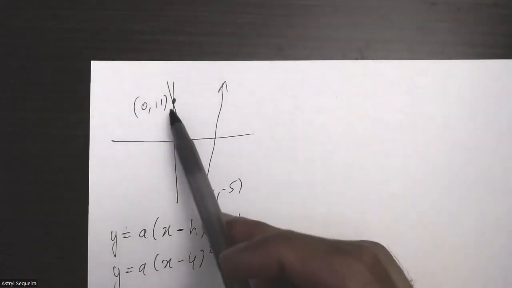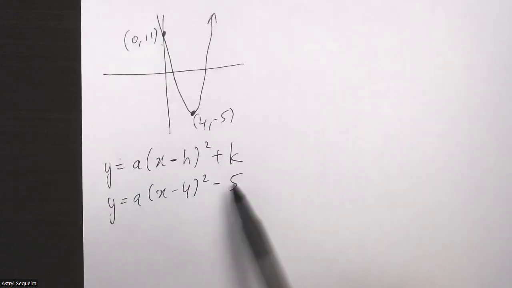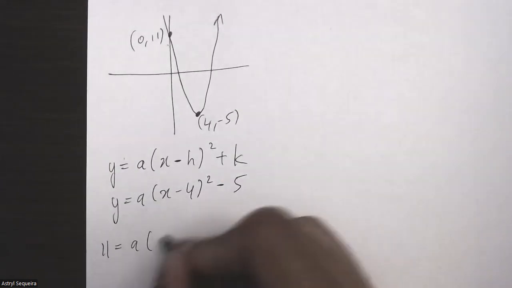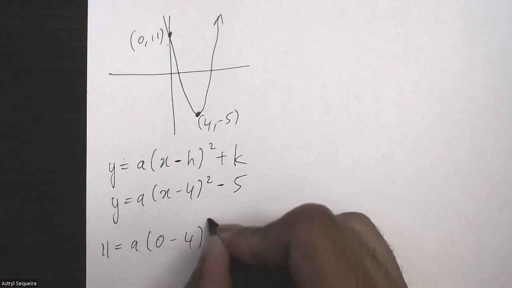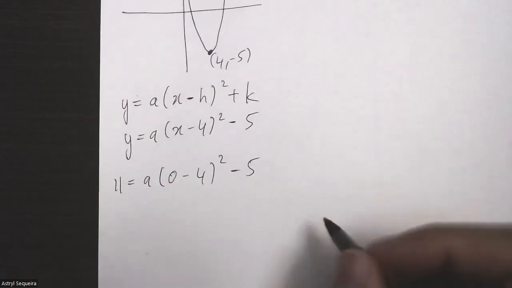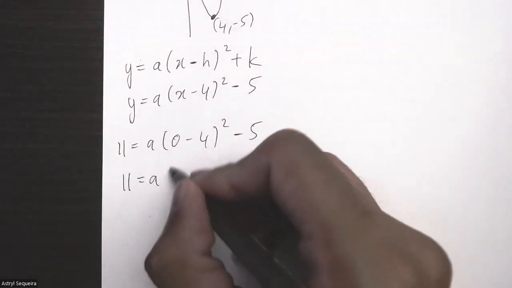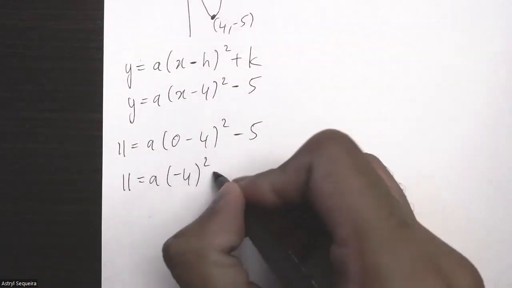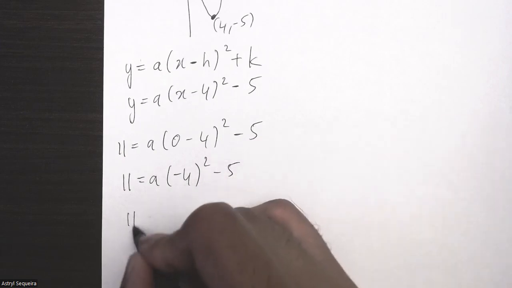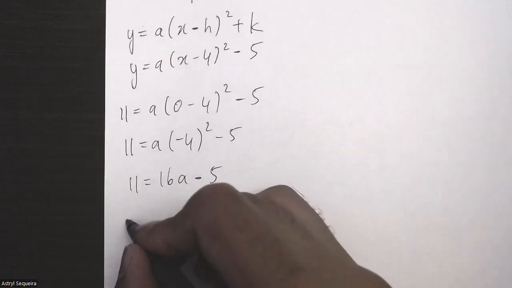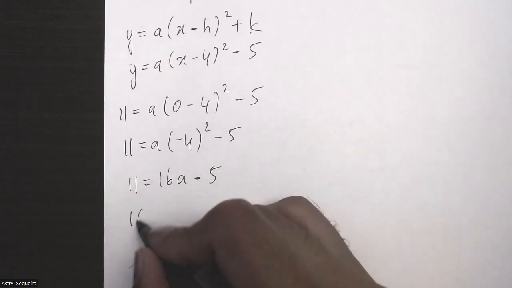Then you want to sub in the point they give you and solve for a. My y value is 11 and my x value is 0. Now I want to solve this equation to find my a value. That's just -4 squared, which is 16. I'm going to add the 5 on this side.